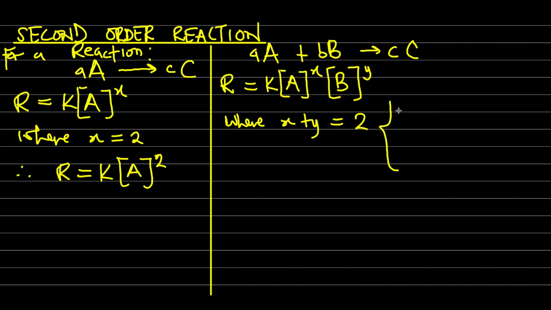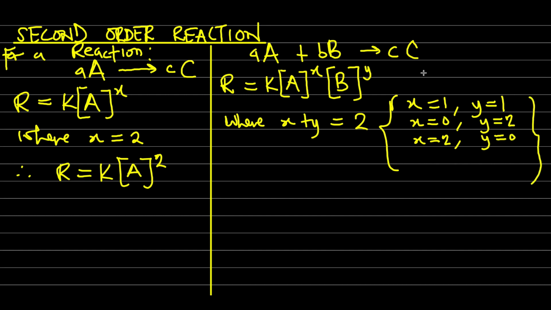What are the possibilities here? You can have x equal to 1, y equal to 1, or x equal to 0, y equal to 2, or x equal to 2, y equal to 0. These are the 3 possible options. At the end of the day, the sum of the powers must give us 2, whether it is 1 plus 1 or 2 plus 0, it doesn't really matter. So that is that for the rate law showing order of reaction.